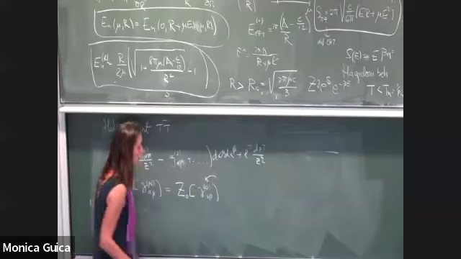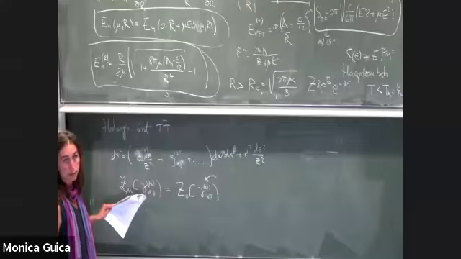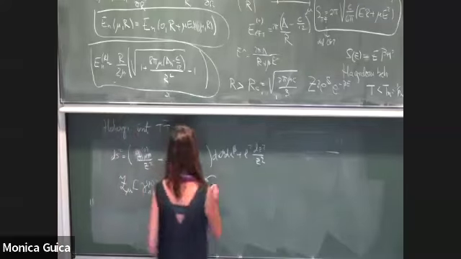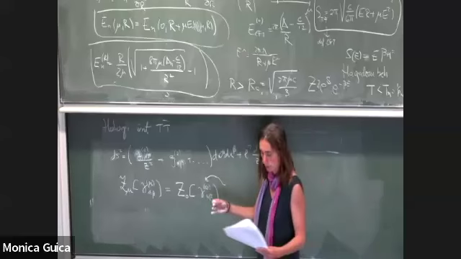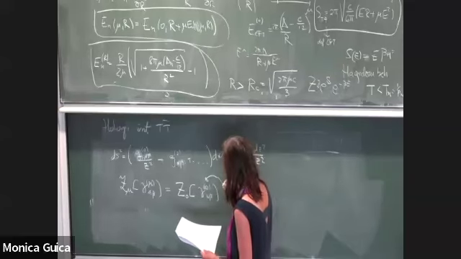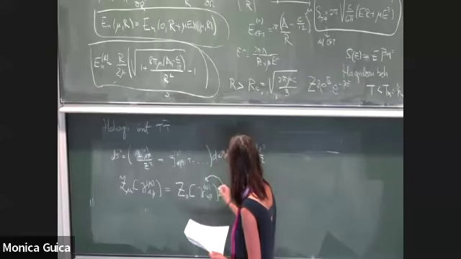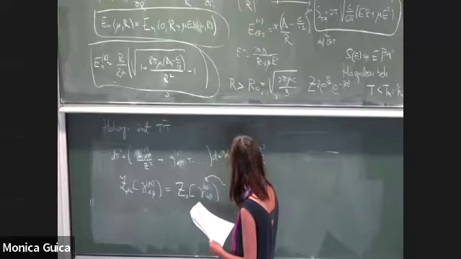And this source is some combination of the source and vev over here. It turns out that for TTbar, you do this manipulation of the path integral, which I'm not showing you. And what you find is that the relationship between gamma 0 and gamma mu is the following.